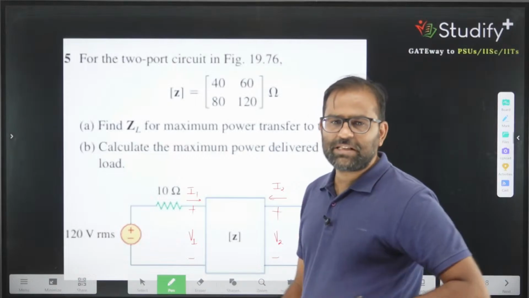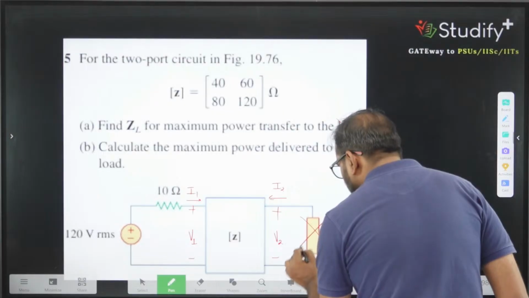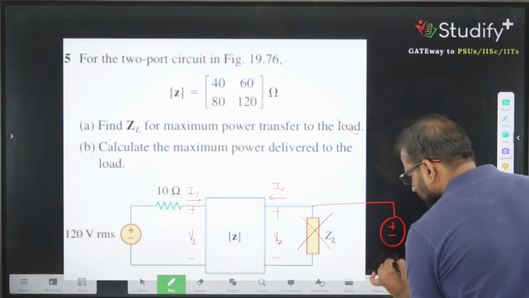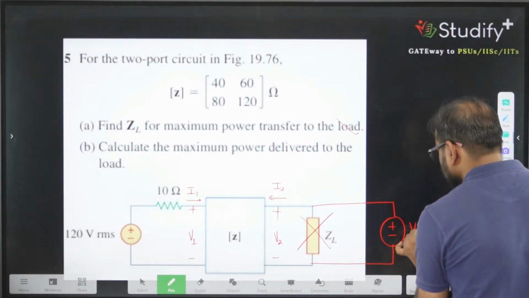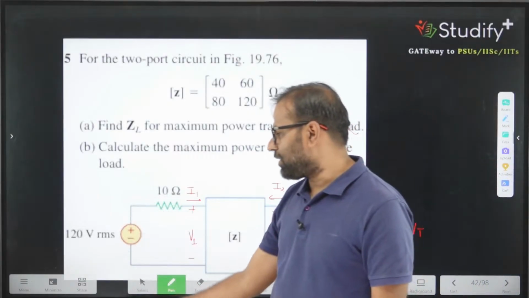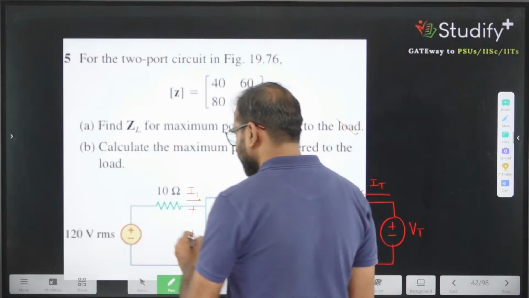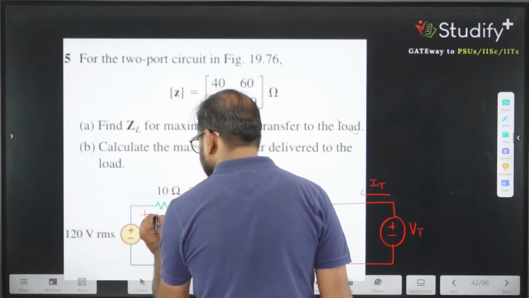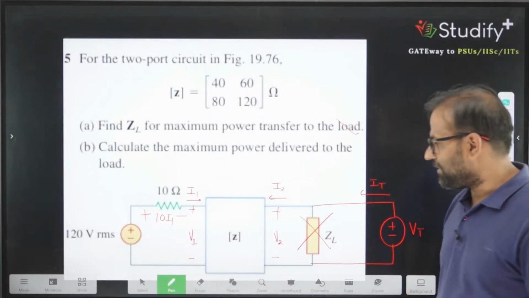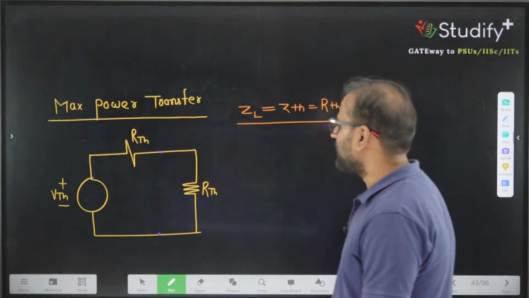If they are interested in RTH, we will remove the load from here and connect one VT here, and this VT will supply current IT, by making the independent source equal to 0. If I make the independent source equal to 0, what is the value of V1? This potential drop is 10 times I1, so V1 equals minus 10 times I1.